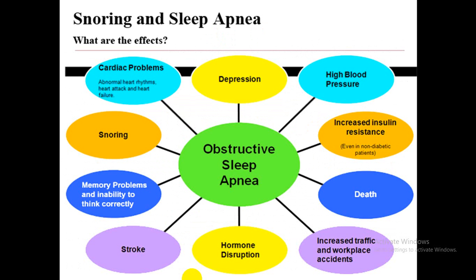Those patients with sleep apnea come with depression, high blood pressure, hypertension, and increased insulin resistance, and therefore the patient enters into metabolic syndrome and type 2 diabetes mellitus, death, sudden death, increased RTA and accidents at work, hormone disturbance, stroke, memory problems and inability to concentrate because of poor refreshment, snoring, and even in cardiac conditions the patient is liable for ischemia and even sudden heart attack.